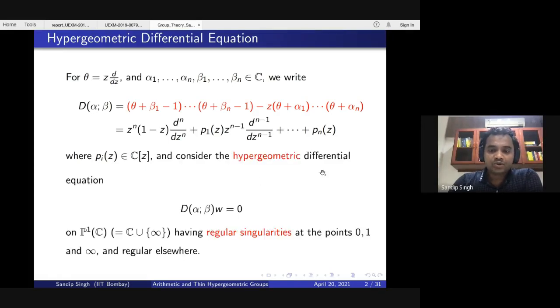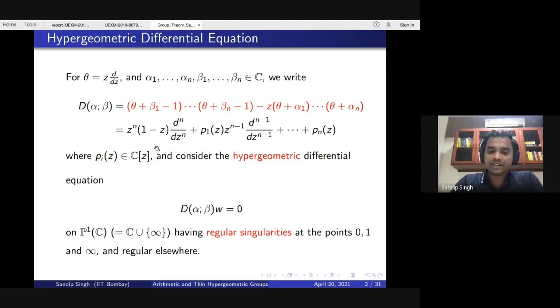And consider the hypergeometric differential equation D alpha beta w equal to 0 on the Riemann sphere, which is nothing but C union infinity. It is clear from the definition of D alpha beta that this differential equation has singularities at z equal to 0 and z equal to 1.